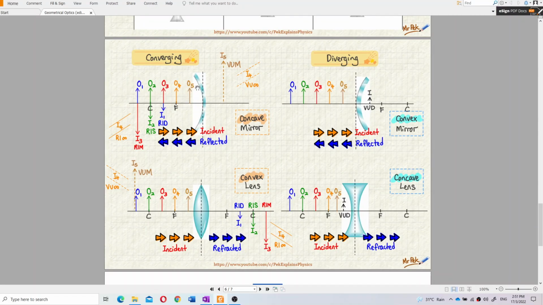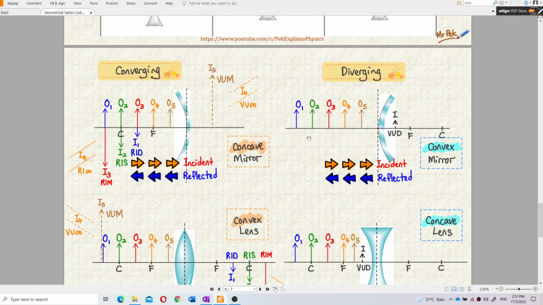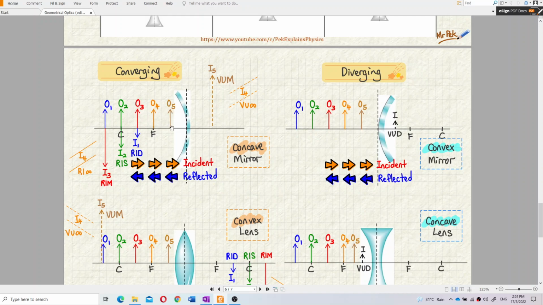You see object 5 over here, less than the focal length, smaller than the focal length. This object 5 produces image 5, which is VUM. Predicted correctly, tallying with our calculation.